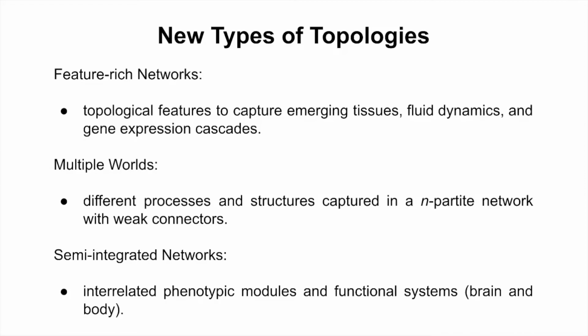So this is more relevant to combining the connectome and the embryo network into one single system, but also something that has differential functionality. And then finally, semi-integrated networks, which of course are interrelated phenotypic modules and functional systems. So this is like the brain and the body problem, but this is actually something that we can quantify in our networks.